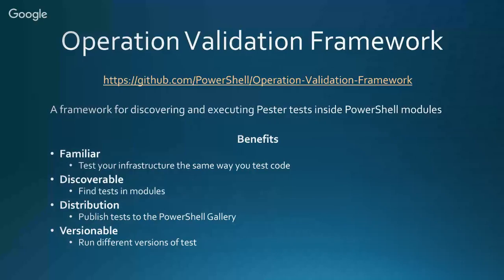And it's a really nice framework if you want to start looking at Pester to not test your code and the inputs and outputs of your functions and mocking and so forth, but actually using Pester to test your actual infrastructure. Like, is a service up? Does a report respond? Do I have enough disk space? And so forth. Or really using Pester to actually test the health and operation of your applications.